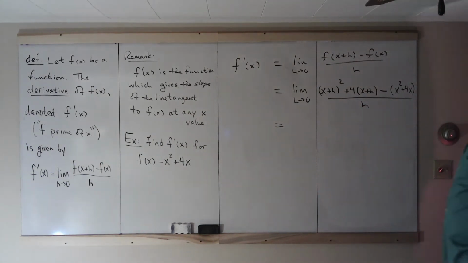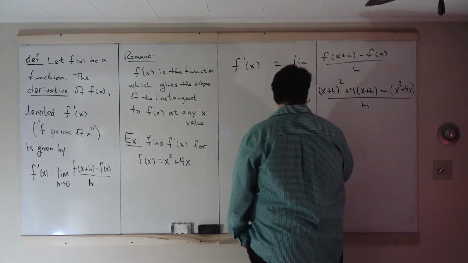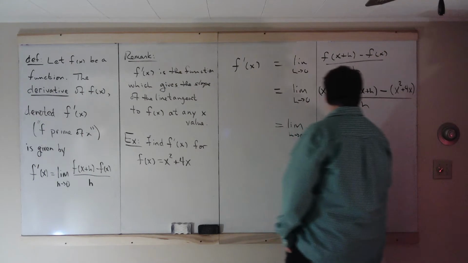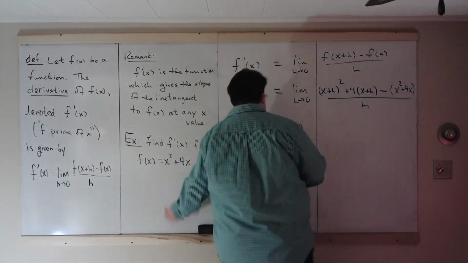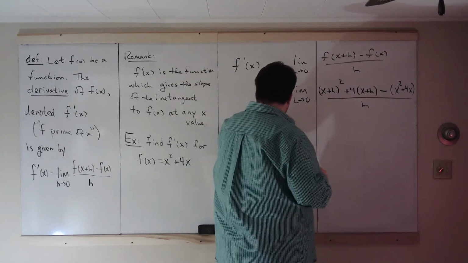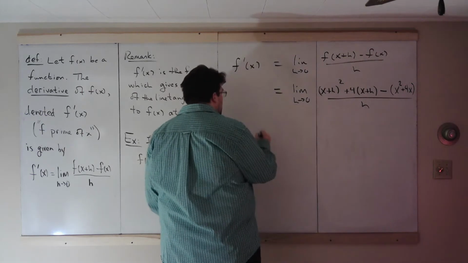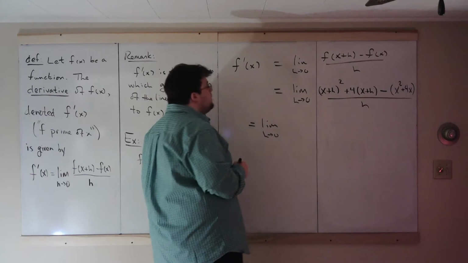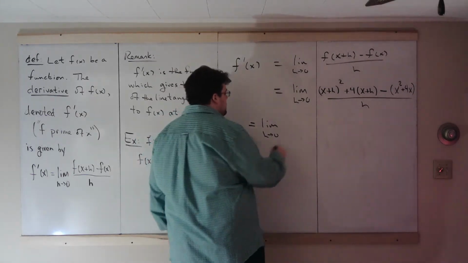Well, what algebra can we do? Let's simplify everything and see if anything happens. So we still have limit h to 0. I'm going to move this slightly over because we might run out of room. What is x plus h squared?